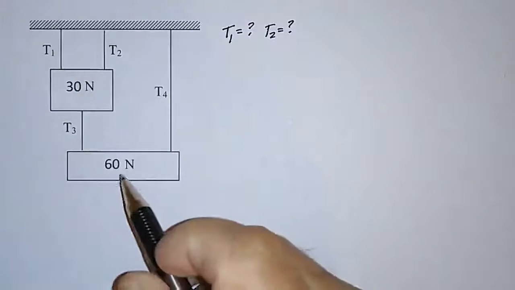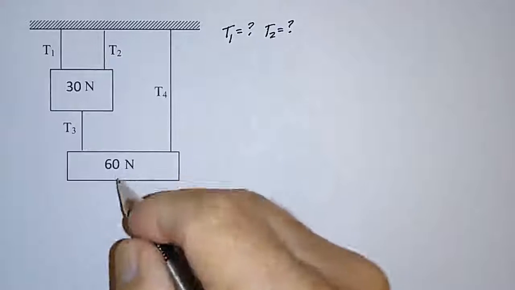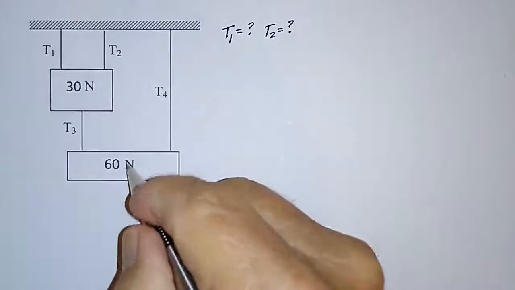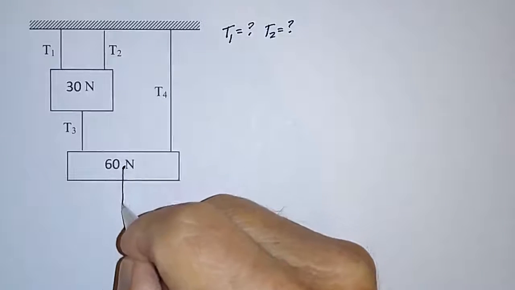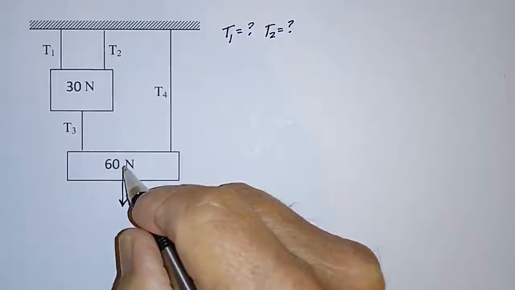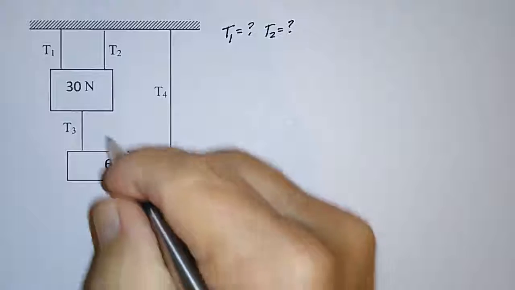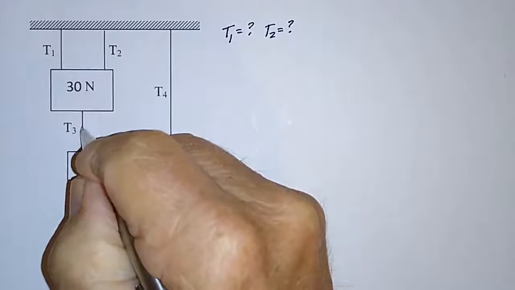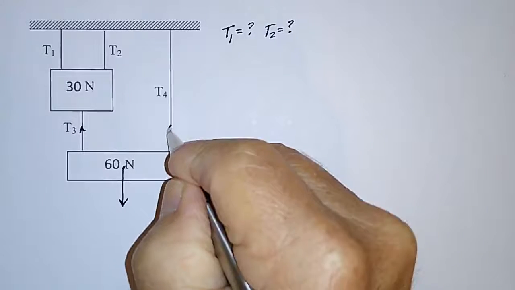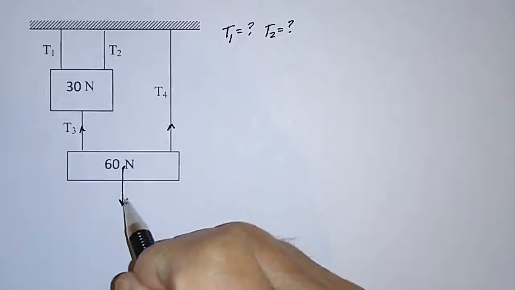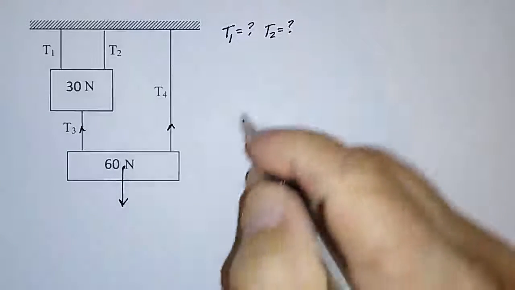Well, first of all, let's look at the bottom weight. What are the forces acting on this weight? Well, there's a force due to gravity, which is 60 newtons. That's why it weighs 60 newtons. So that means that the upward forces on this object, T3 and T4, have to equal 60 newtons.